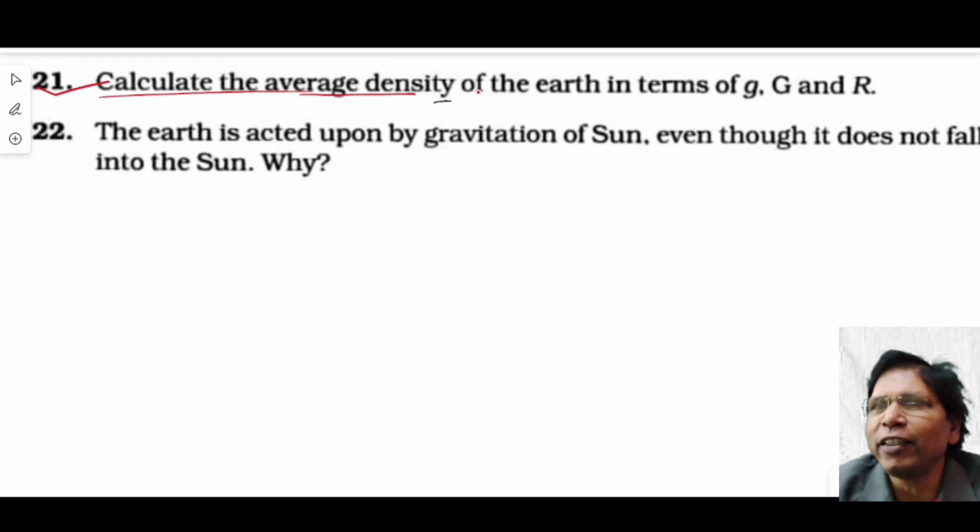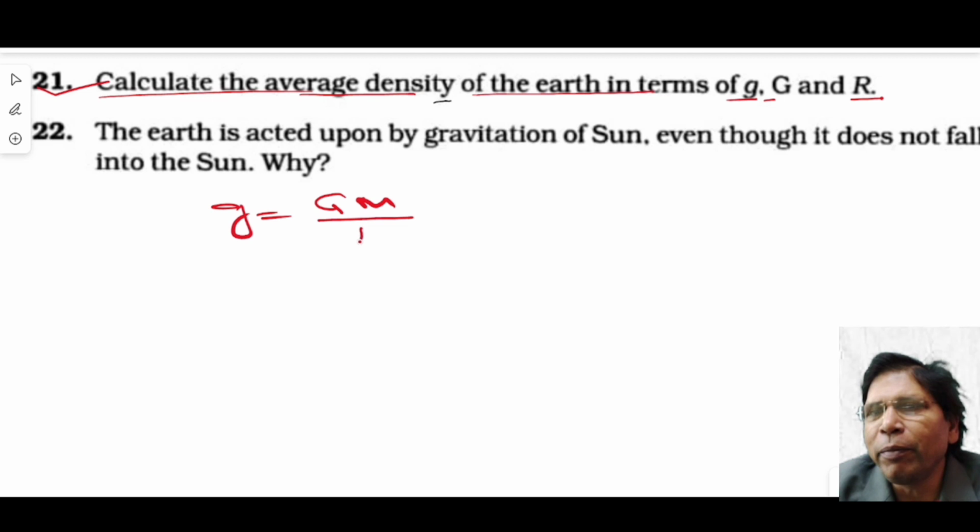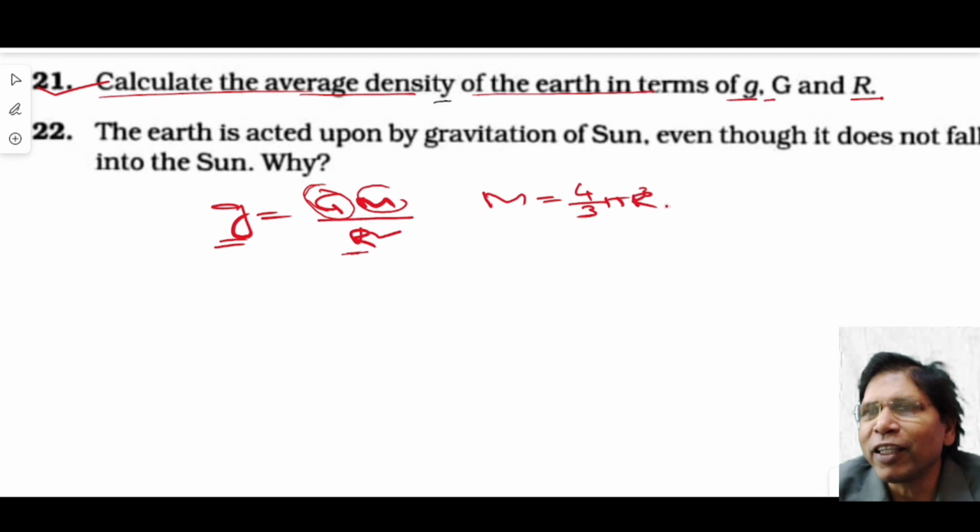Now question number 21. Calculate the average density of the earth in terms of small g, capital G, and capital R. We know g equals capital G, capital M divided by R square. That is, acceleration due to gravity is the product of the universal gravitational constant and the mass of the earth, divided by the square of the radius of the earth. The mass of the earth is the volume into density, and the volume equals 4/3 pi R cube into rho.